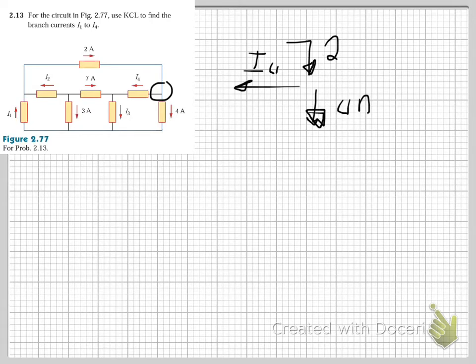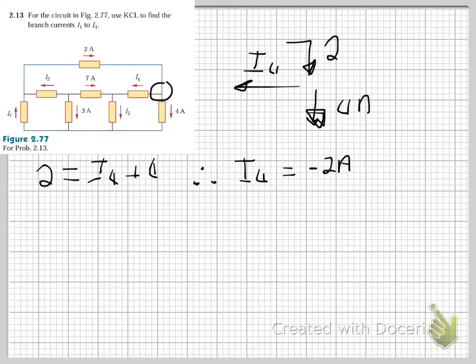So the sum of current flowing in is 2 amps, which is equal to the sum of currents flowing out, I4 plus 4. So this gives us I4 is equal to minus 2 amps. That is what I4 is equal to.